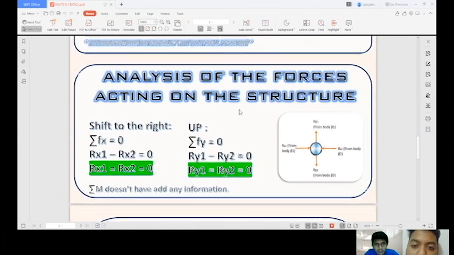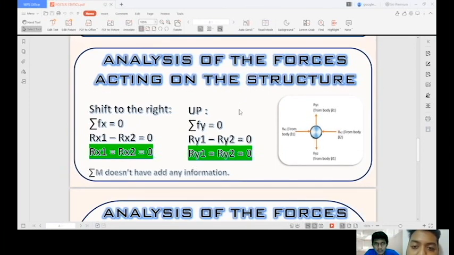Okay, so analysis of the forces acting on the structure. When the forces shift to the right, the total Fx equals 0, whereas Rx1 minus Rx2 equals 0, and Rx1 is equal to Rx2 and equal to 0.